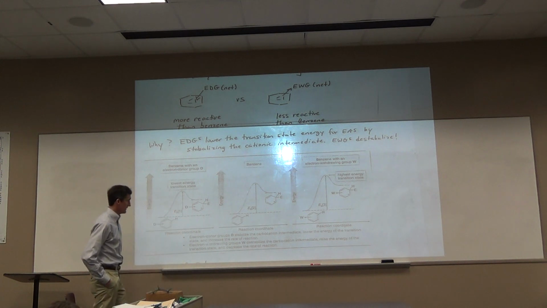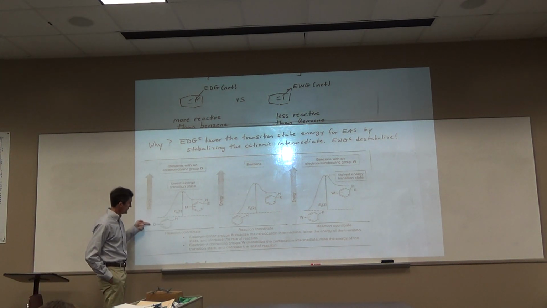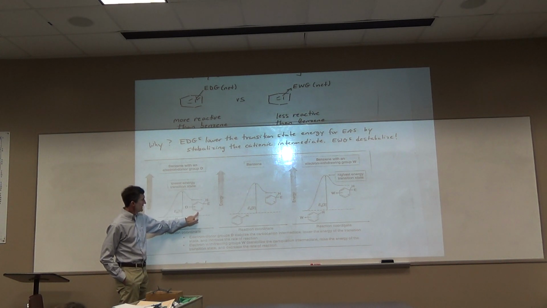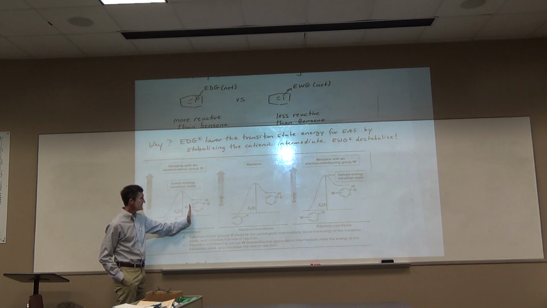This illustrates that. If you have a net donating group on the ring, when the benzene ring attacks the electrophile transition state to give the sigma complex, resonance stabilized. Now we've got a donating group. And a donating group is going to stabilize the positive charge. Just inductively, we can see that.